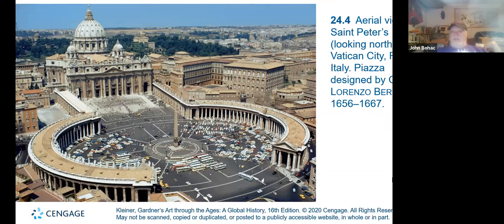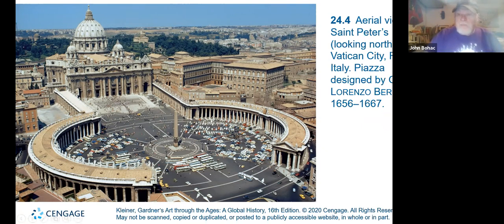And it was designed by Bernini. What we find here, as we found with Michelangelo, is that sculptors are often architects as well. They design three-dimensional space. They understand three-dimensional space.